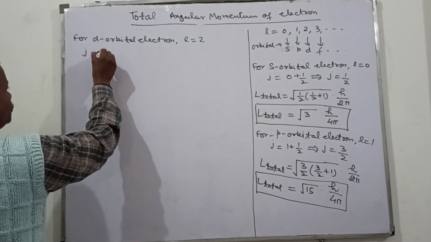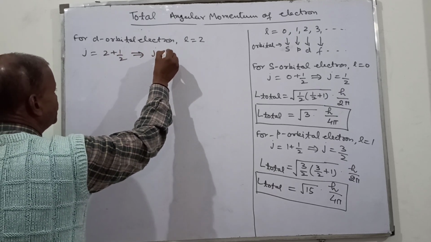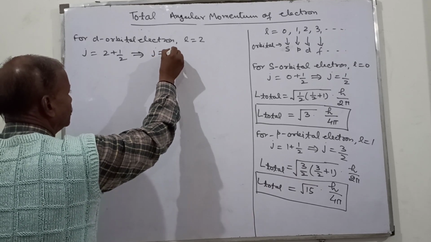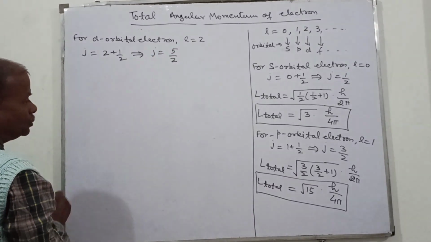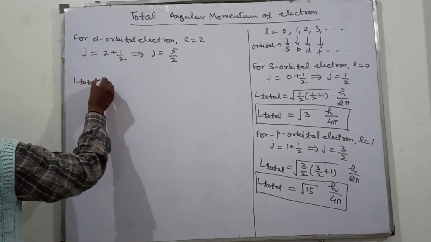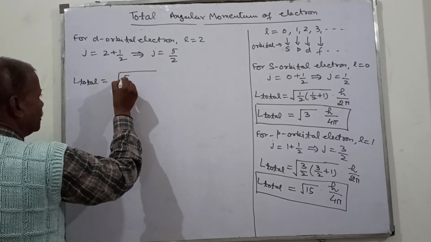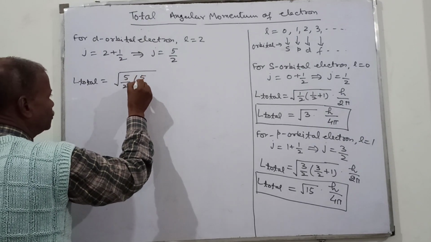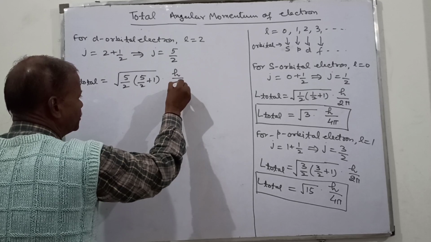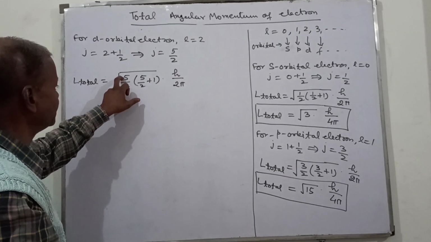J is equal to 2 plus half, which is 2 and half, so this is 5 by 2. So now L total is equal to square root of 5 upon 2 into 5 upon 2 plus 1 into h upon 2 pi. 5 and 2, 7, 7 and 5, 35.